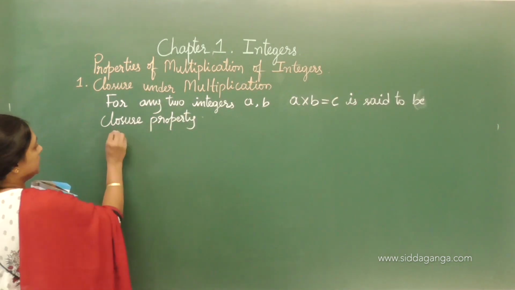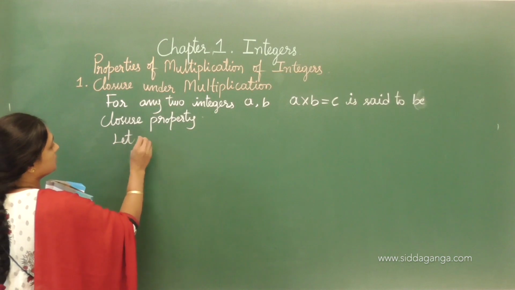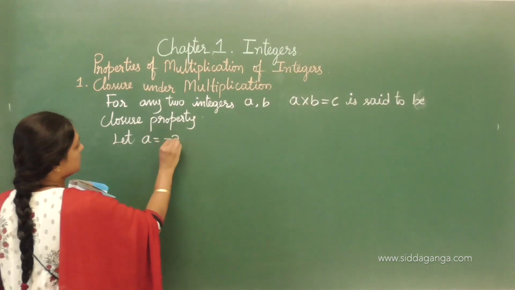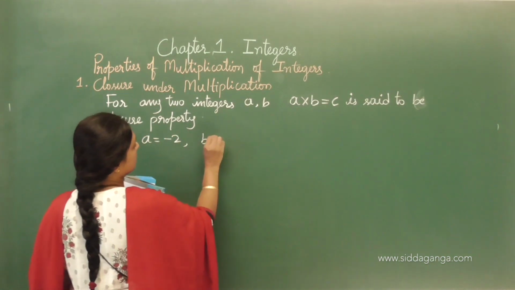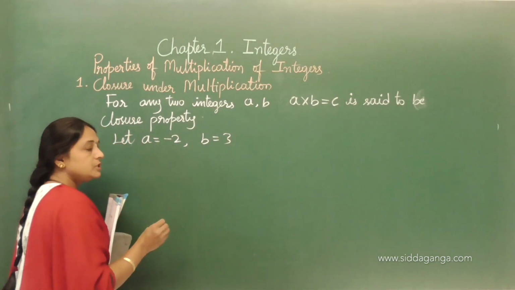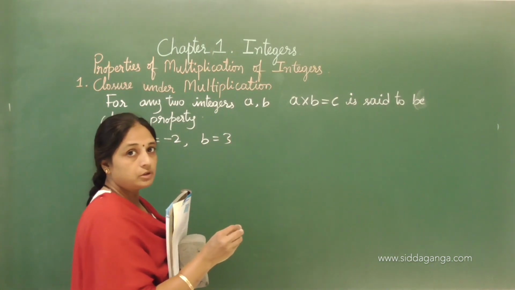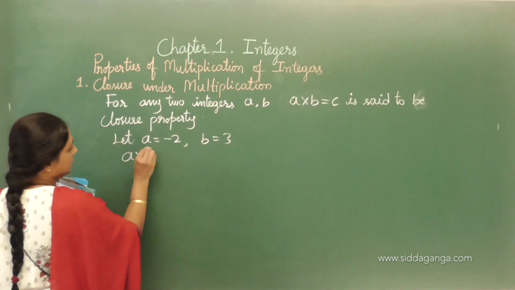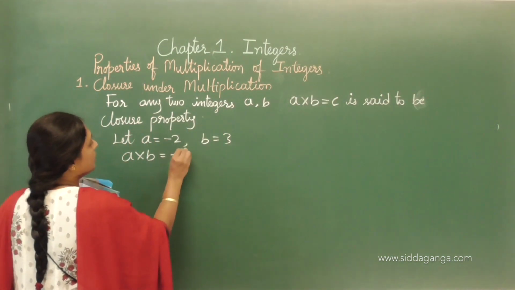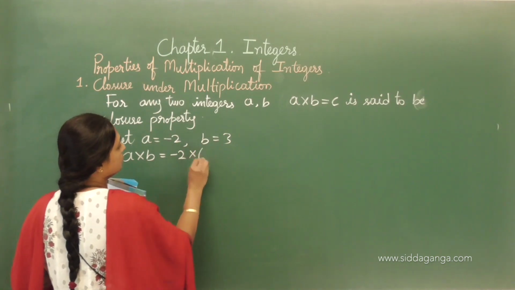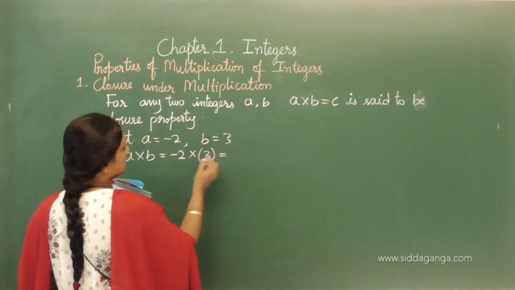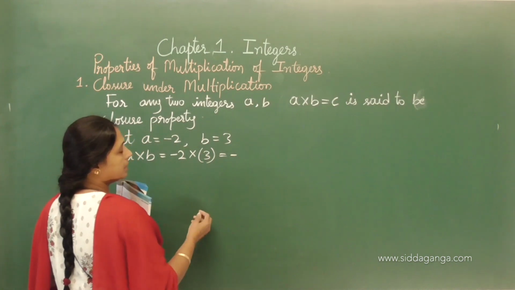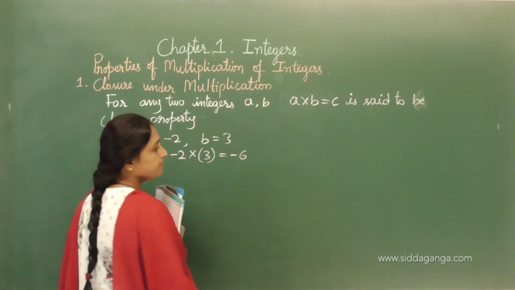So let's take a is equal to minus 2 and b is equal to 3. What should we do? Here we should multiply them. The condition is a into b, that is equal to minus 2 into 3, that is equal to minus into plus is minus, 2 3s are 6.